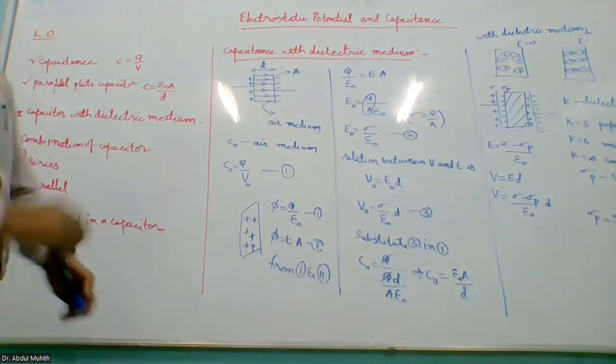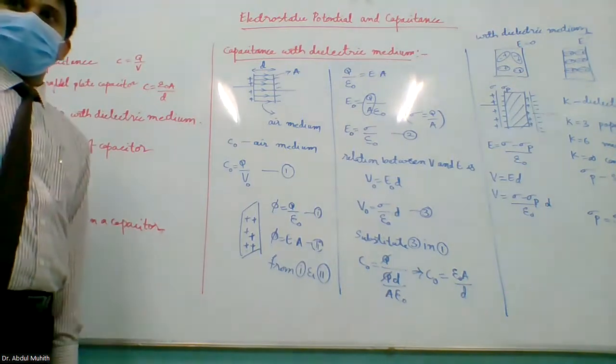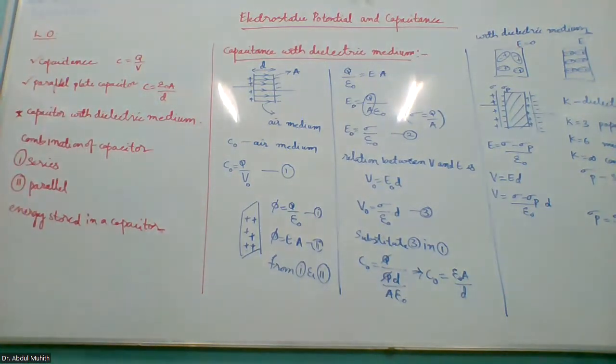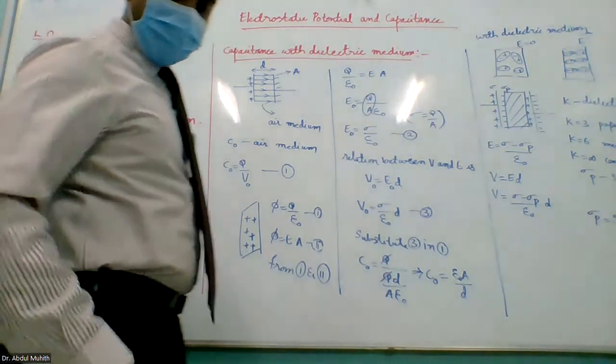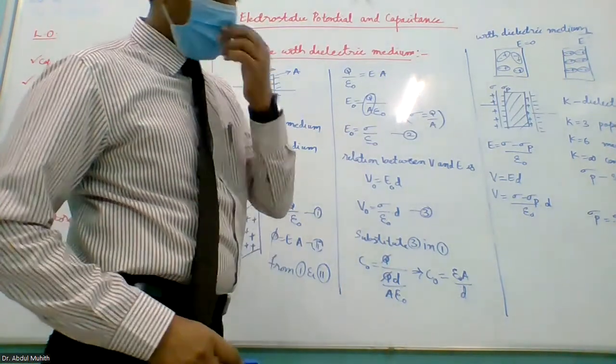So put some pin or some clip so that it won't fall. Those who are having this diagram, see here. Here I place a clip, so you have to put that into it, so it won't fall. Okay, let me go ahead.